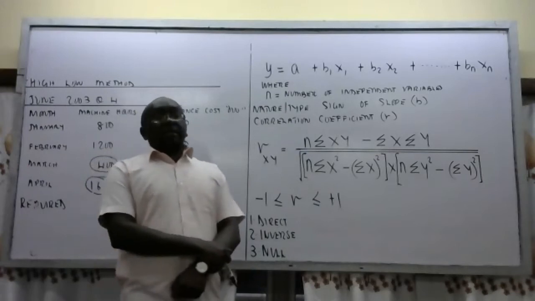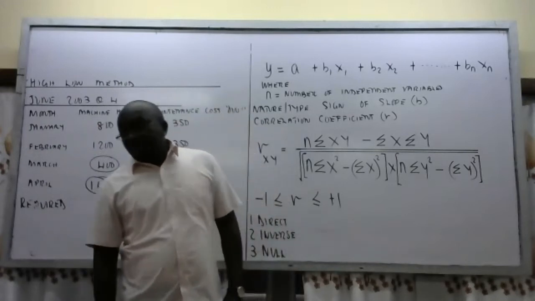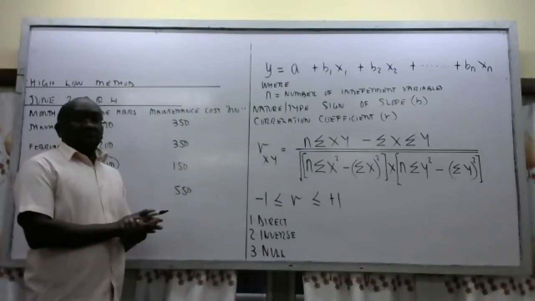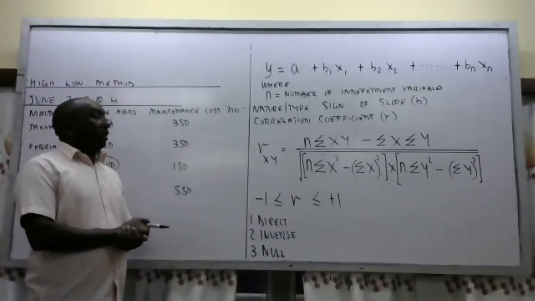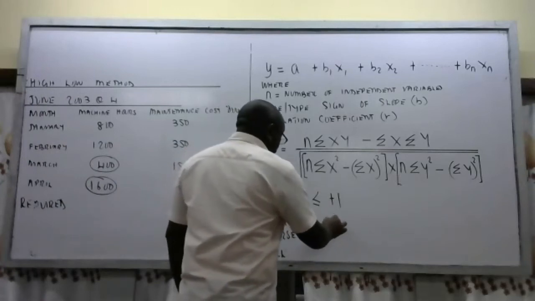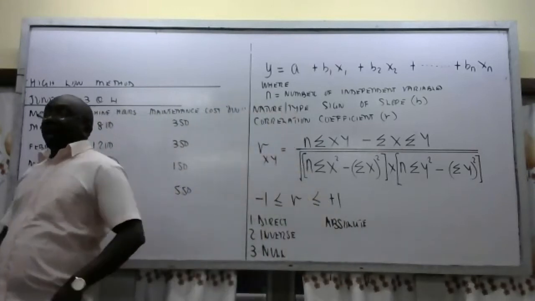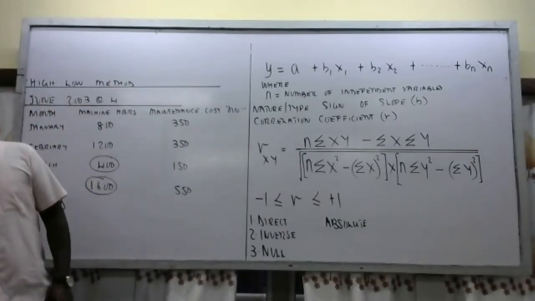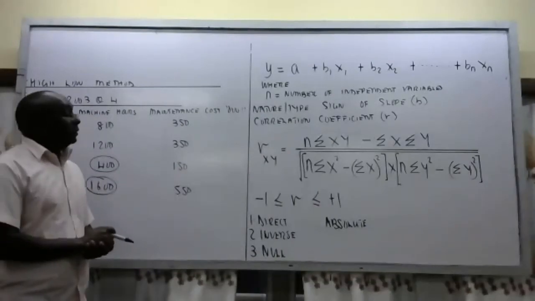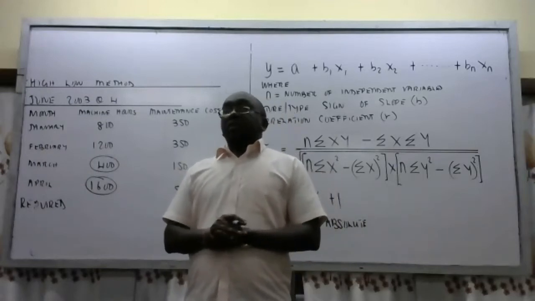Then down there now you write that the strength of the relationship is represented by the absolute value of the correlation coefficients.